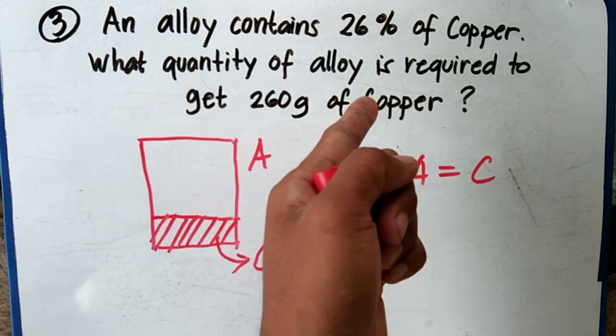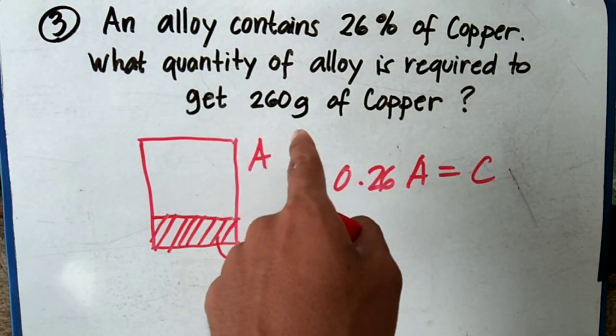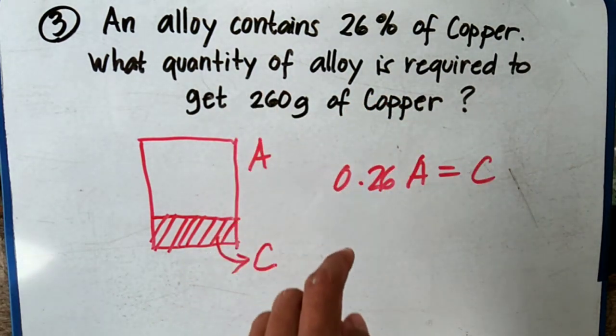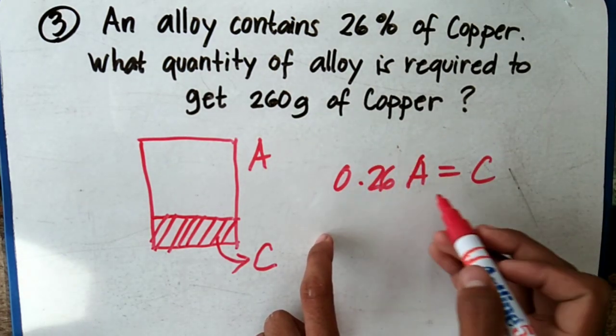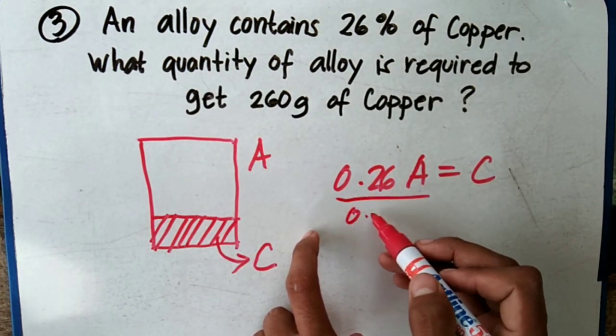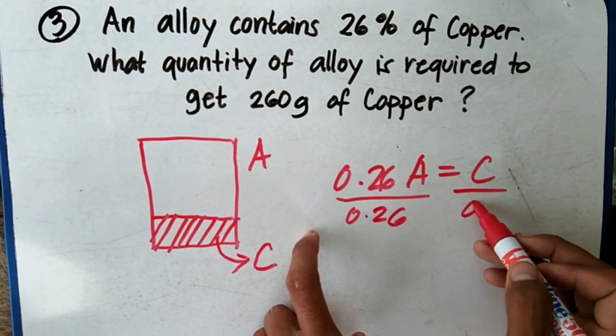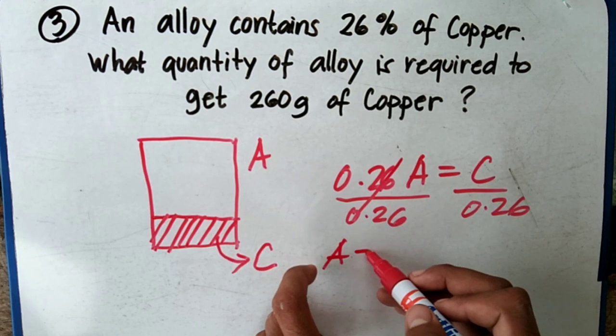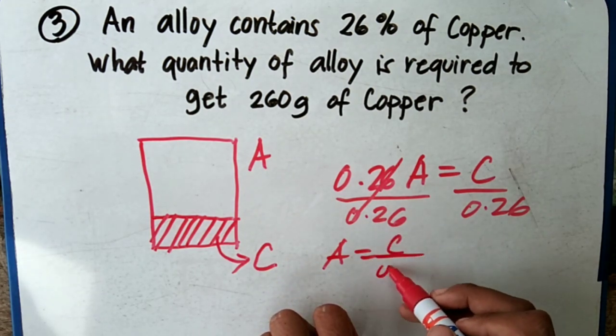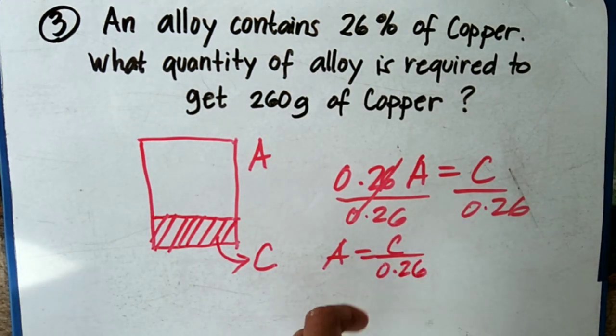What quantity of alloy is required to get 260 grams of copper? Ang hahanapin is alloy. So first, divide both sides muna natin by 0.26. And we will solve A, C over 0.26. And now, mahanap na natin yung alloy.